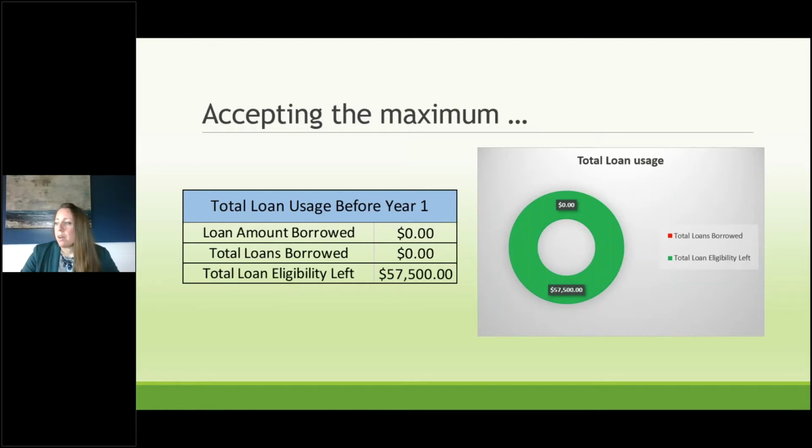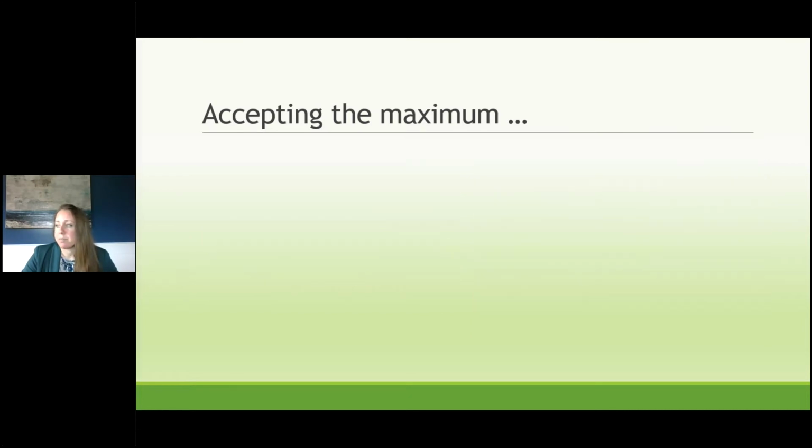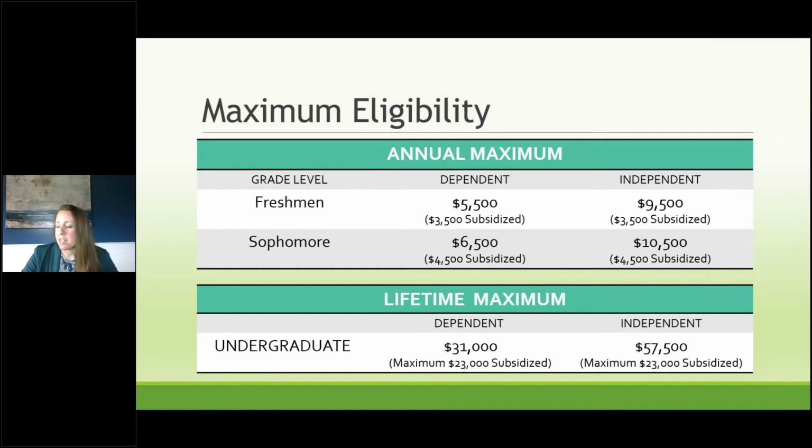When they're starting out freshman year, haven't taken anything, but if they're taking the maximum, remember that last slide, we're looking at the max that they can take. So for the independent student, now we're looking at $9,500, then $10,500, that column on the far right there.